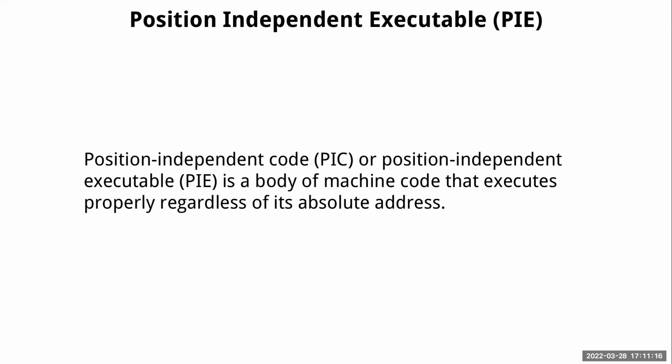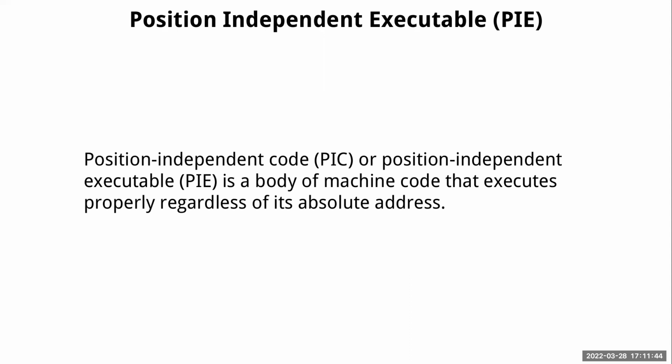Another concept related to ASLR is position independent code, PIC or PIE. Sometimes we call it position independent executables. PIC or PIE is basically a body of machine code that can execute properly regardless of its absolute location.